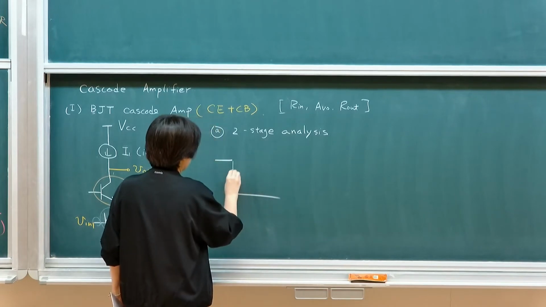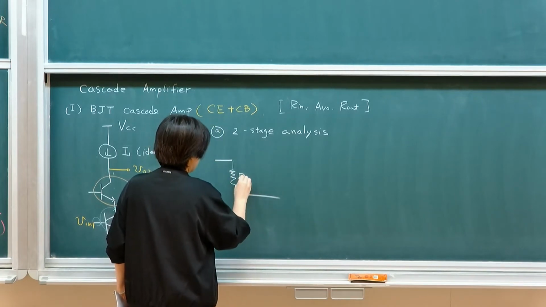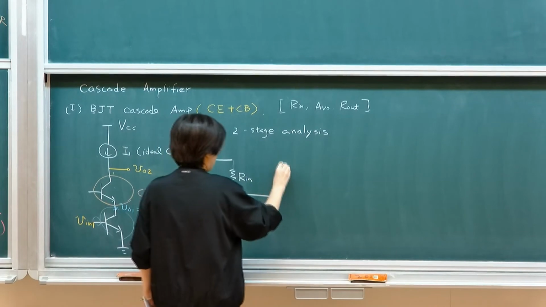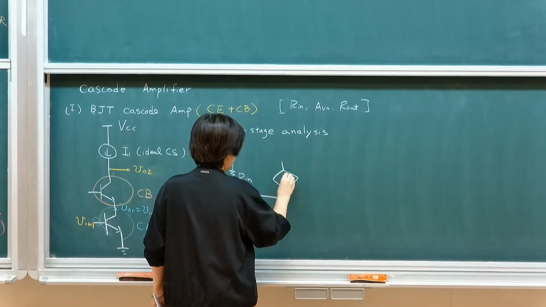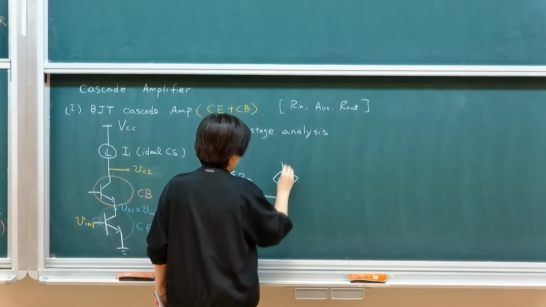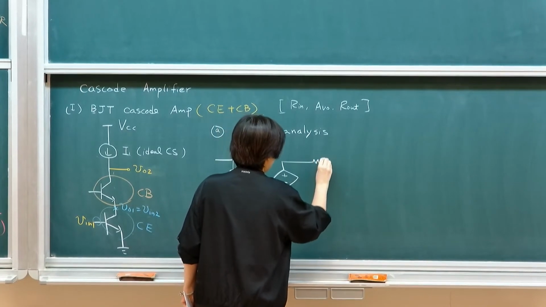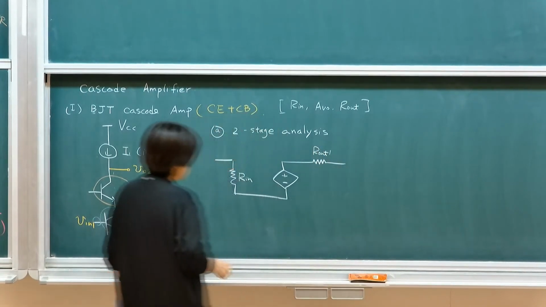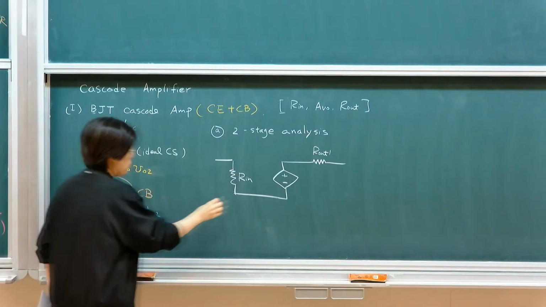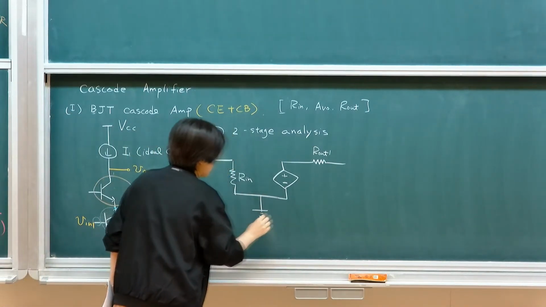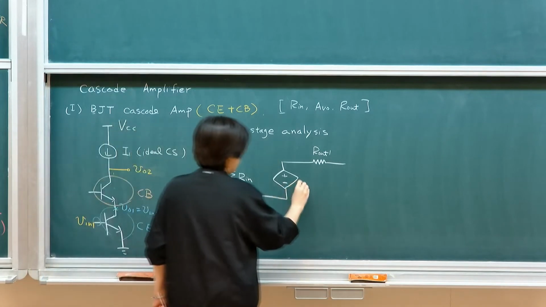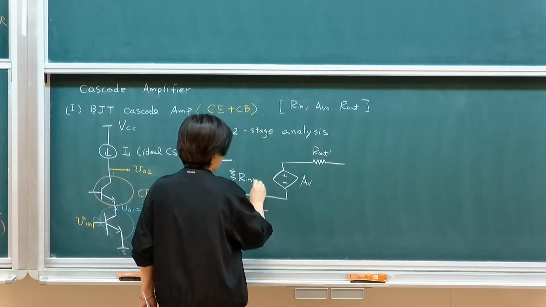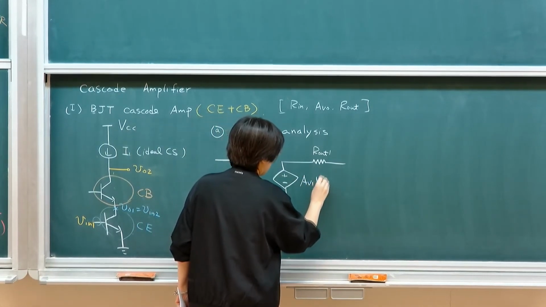So I have Rin1. Let me highlight. And then I have Rout1. So this is my AV1, V1.